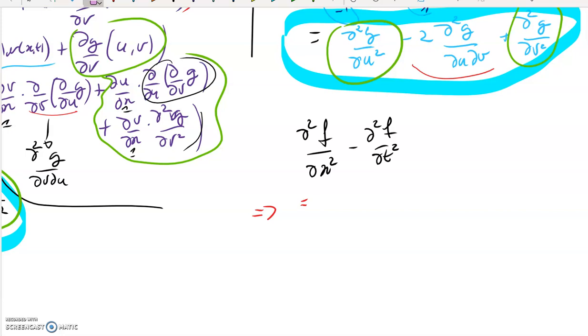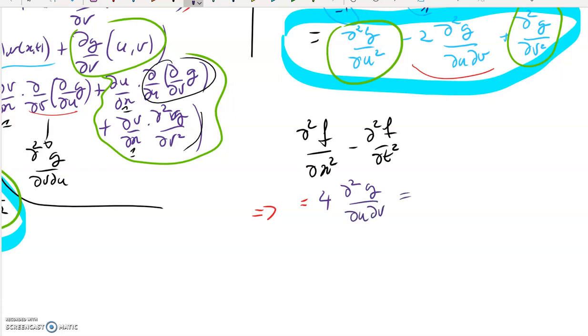We were computing in terms of the g function, what this equation was giving, and all the second order derivatives that are in just one direction were canceling, and we were left with 4 times d2g over du dv.